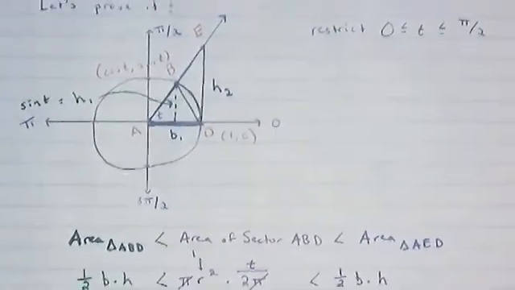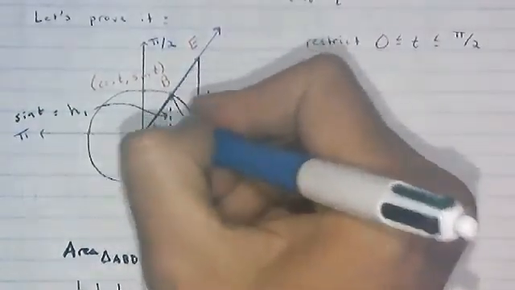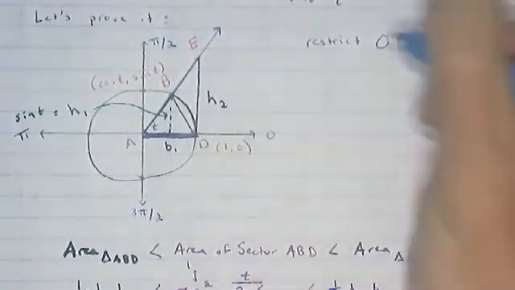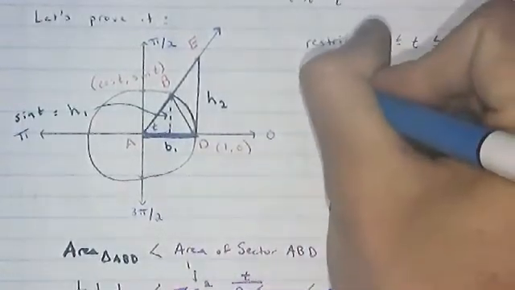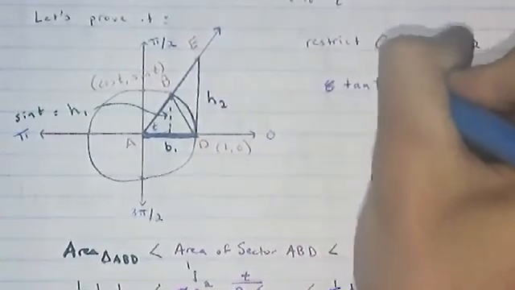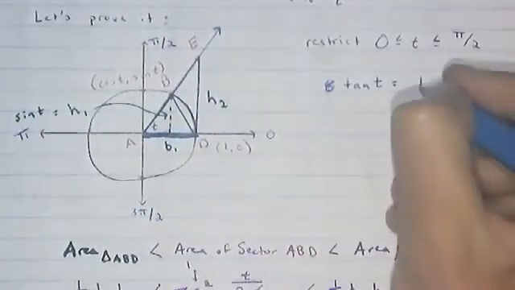What about h sub 2? Let's throw back to some geometry right triangle trig here and see what we can come up with. If we were just looking at the blue triangle as a right triangle, would you be okay if I claimed that the tangent of angle t is the opposite side from t, which we're going to call h sub 2?